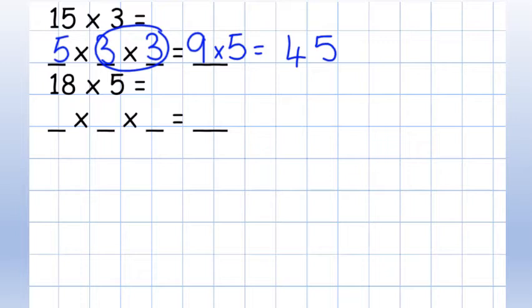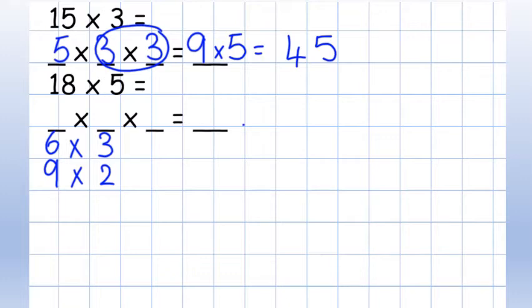Now 18 times 5, you could have actually factorised, that's what we call it when we're splitting the number into its factors, in different ways, because there are different ways of making 18. You might have said 6 times 3, you might have said 9 times 2. So I will do it both ways, okay? I'll come over here to do it.